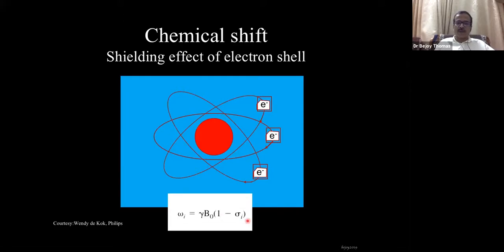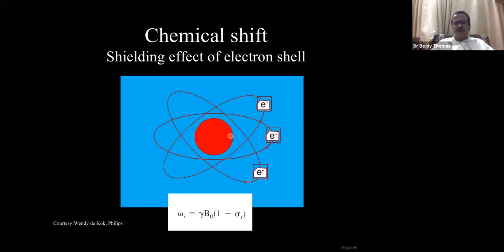The 1 minus sigma is contributed by the electron cloud. Because the electron cloud is different between molecules, the Larmor frequency is slightly different in tissues, so you see a difference in Larmor frequency, which is the physics basis of chemical shift imaging or MR spectroscopy imaging.